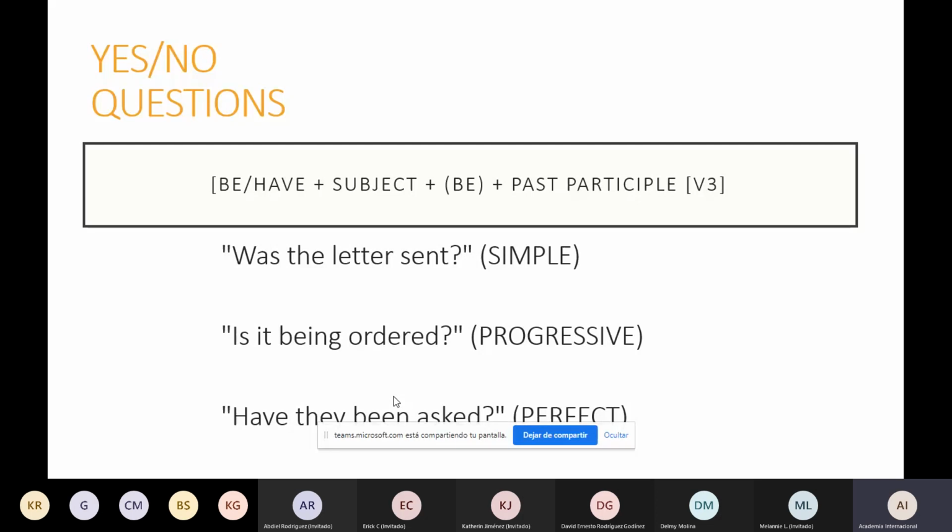Have they been asked? Remember, in the perfect time is formed with have as an auxiliary verb. Have they been asked? Ellos han preguntado. Have they been asked?